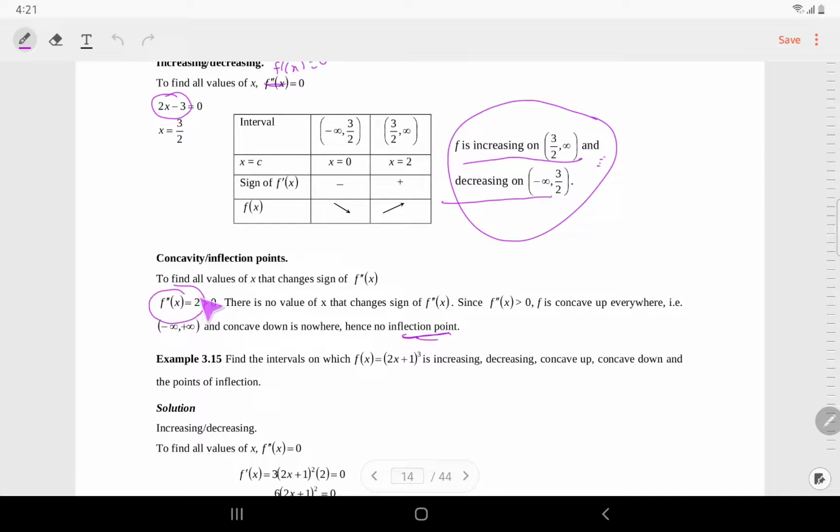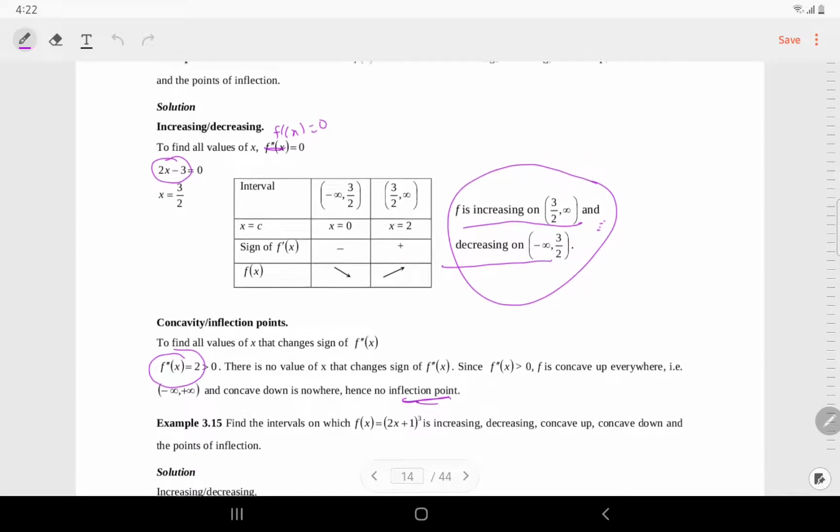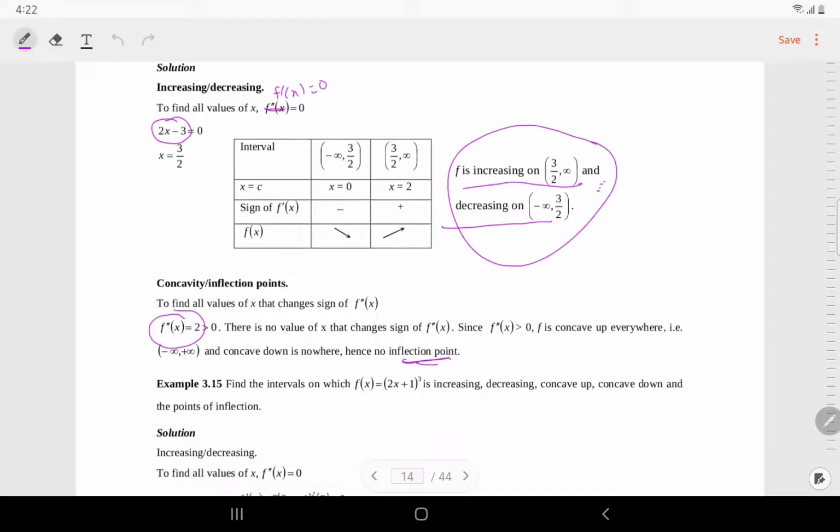So, bila kita cari f double prime x, jawapan dia dah more than 0, meaning that it is concave up everywhere. Okay, maksudnya graph function tu hanya ada concave up saja. Tak ada concave down. So, maksudnya tak adalah inflection point. Sebab inflection point kan adalah point yang tengah-tengah yang memisahkan antara dua bentuk tu. Okay, so ini case yang soalan yang tak ada inflection point.